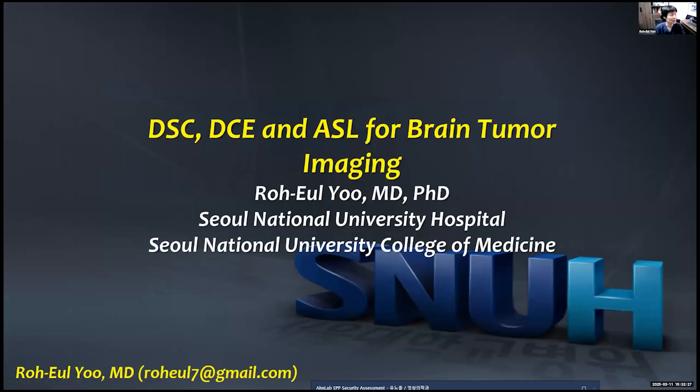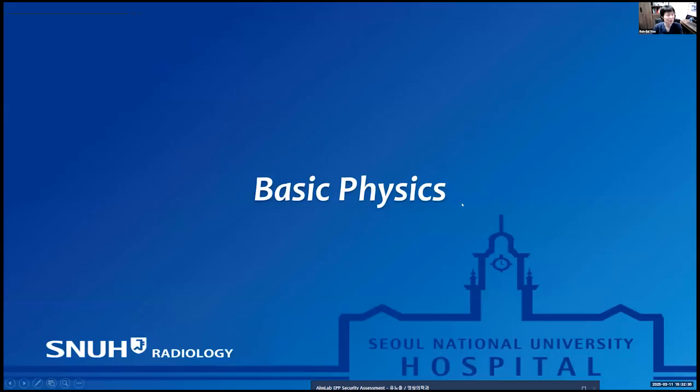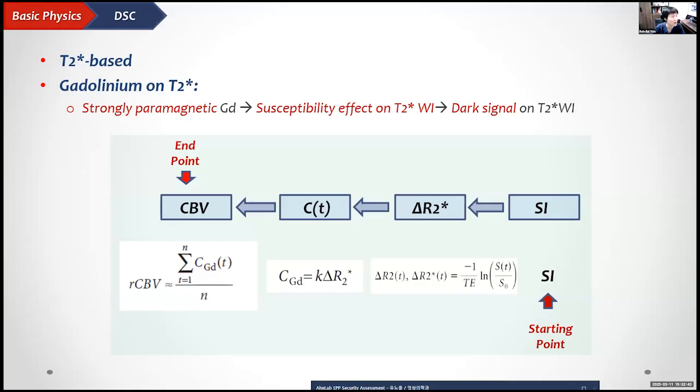So yes, I'll begin my talk on DSC, DCE, and ASL perfusion-weighted imaging for brain tumor imaging. First, in the first half of the lecture, I'll be concentrating on the basic physics of perfusion MRI.